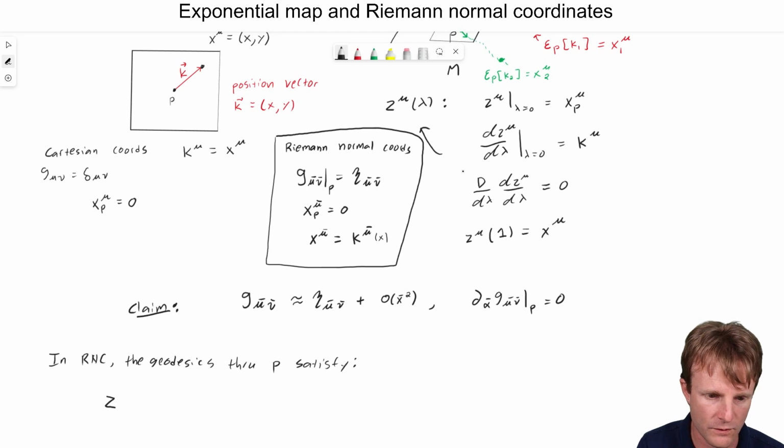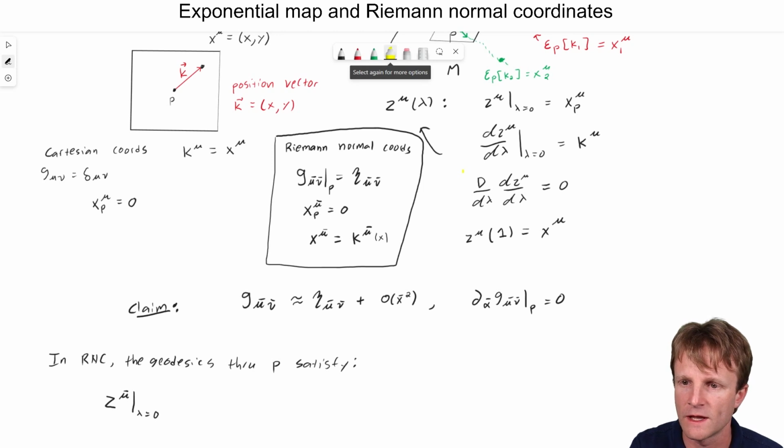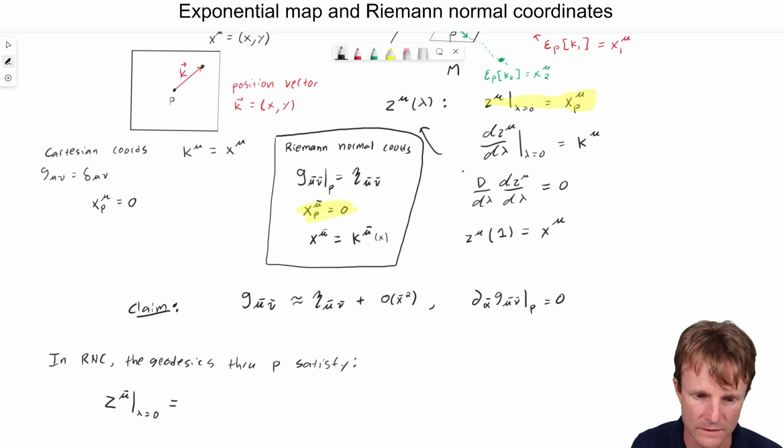So first of all, what is z mu bar, the Riemann normal coordinate components of a geodesic at the starting point, lambda equals 0? Well, z of lambda equals 0 is xp in general, but in the Riemann normal coordinates, xp mu is 0. So the initial condition for a geodesic in Riemann normal coordinates at point P is that z mu bar equals 0.